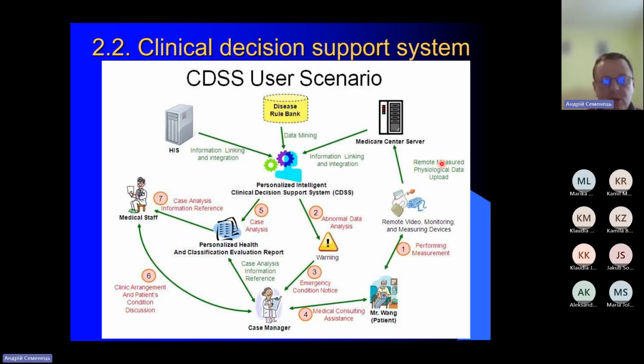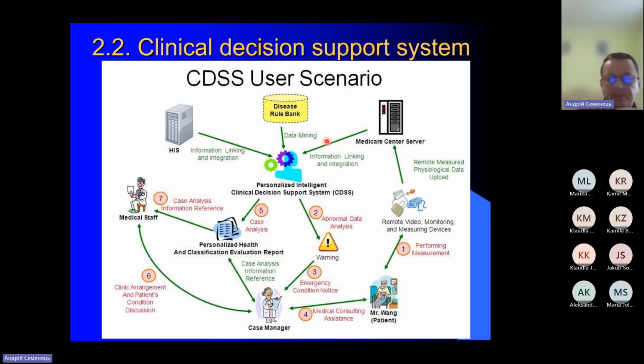And the following slide provides you some kind of workflow or ideal scenario for implementation of a clinical decision support system for providing assisted care for a patient.